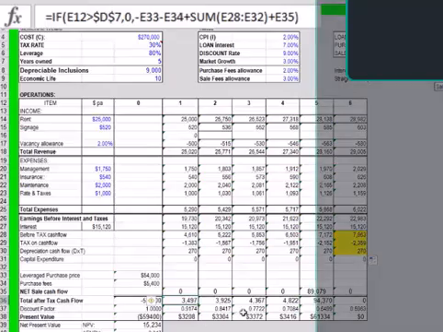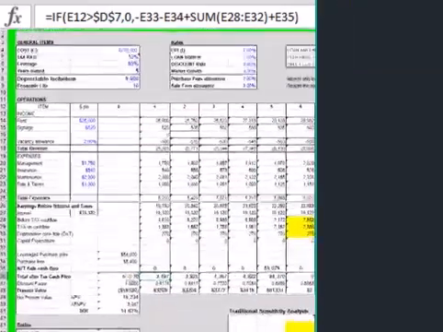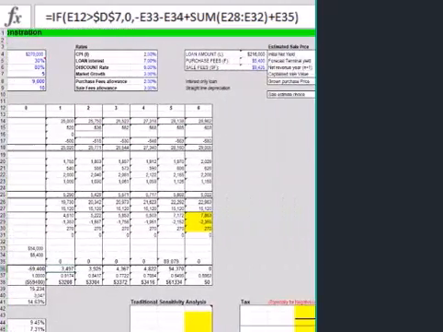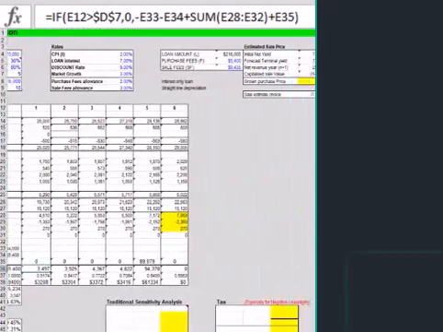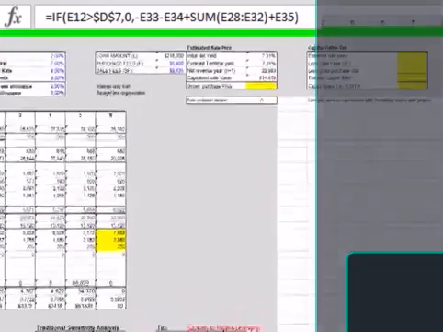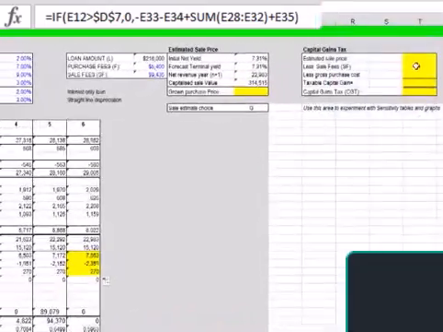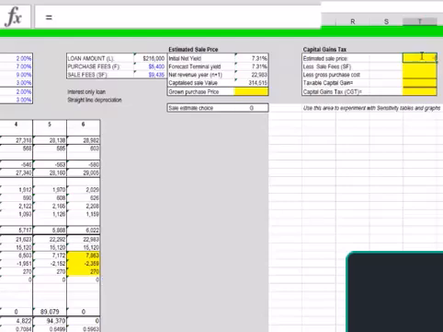Now, there's one other little complication that I need to compute, and that is the capital gains tax. Let's go through how we do the capital gains tax. Capital gains tax, I'm going to start by bringing in the estimated sale price. Then I'm going to take away from that the estimated sales fees.